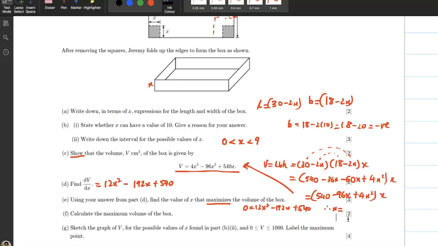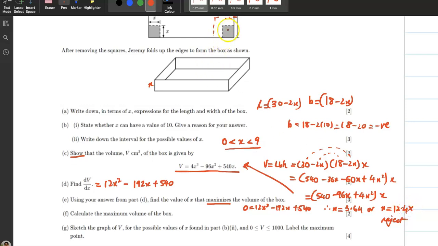The two x answers, the smaller and the bigger: 3.64 and 12.4. Obviously, you will reject 12.4 because we said the maximum value x can take is 9. So it can't take 12.4.